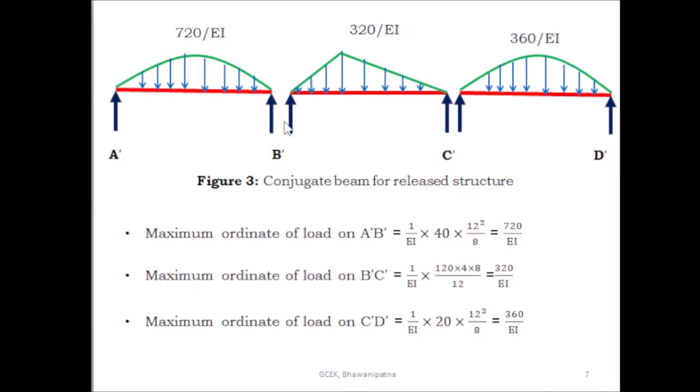So, by taking moment about B dash, RC dash into 12 is equal to half into 12 into 320 by EI and the centroidal distance, which is equal to 12 plus 4 by 3, and from this relation you will find out the reaction at C dash from the span B dash C dash.